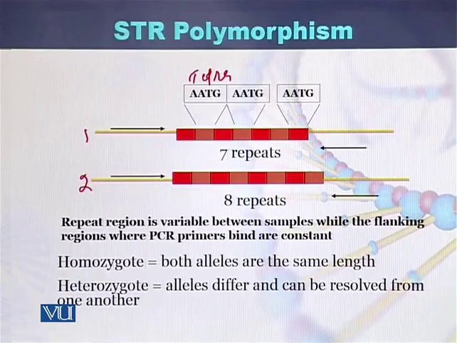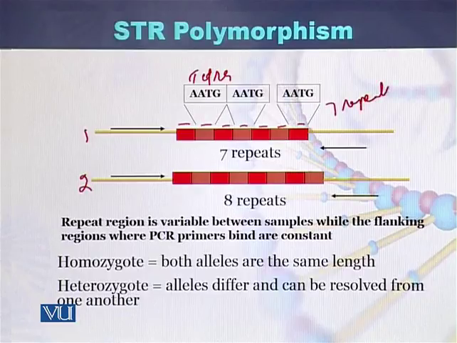Each block represents one tetranucleotide: 1, 2, 3, 4, 5, 6 and 7. So there are 7 repeats of AATG in individual number 1.